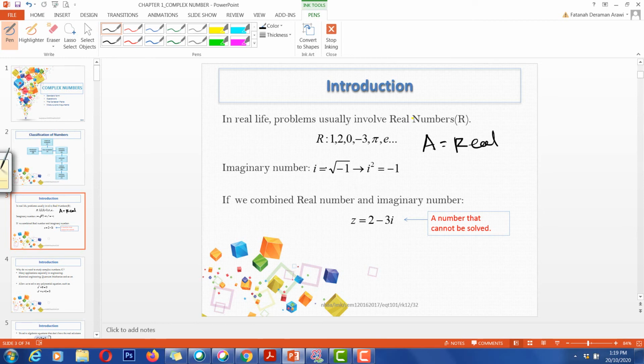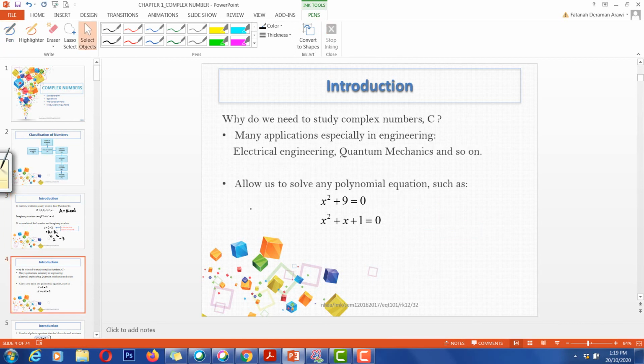There is i. What is i? i is the square root of negative 1, and i squared equals negative 1. So if we combine a real number and an imaginary number, we have Z equals a plus bi. So what is A here? A is 2 and B equals negative 3.